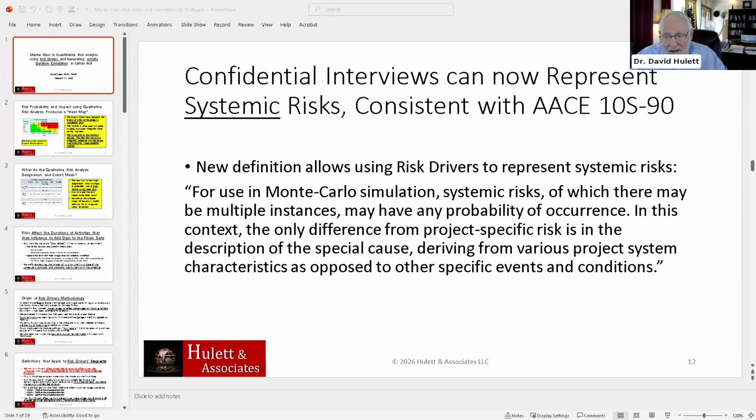This is a change, because up until a couple of years ago, anytime you deal with a systemic risk, it was insisted that the systemic risk would be 100% likely. Well, now remember, the percentage is, what is the likelihood that this risk will have some impact? And so I've just ignored that, and I've used systemic risk all I need to, and at the same time said, well, they could be 70% or 50% or 20%. In this particular case study, I've got it at 20%.